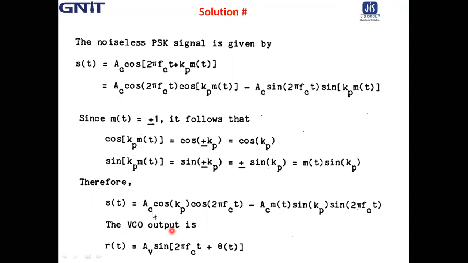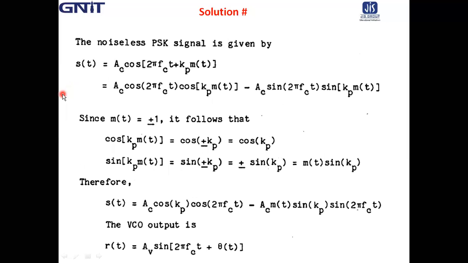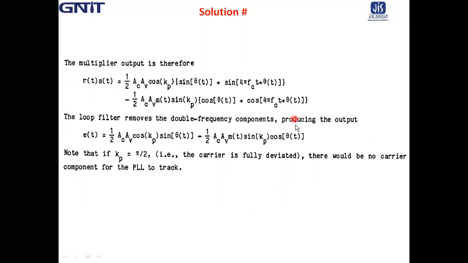Therefore ST equals AC cos Kp cos 2 pi FCT minus AC into MT sin Kp into sin 2 pi FCT. And now the VCO output is already given, that is RT equal to AV into sin of 2 pi FCT plus theta t. So the multiplier output is simply the multiplication of RT into ST, and ultimately we get this expression.